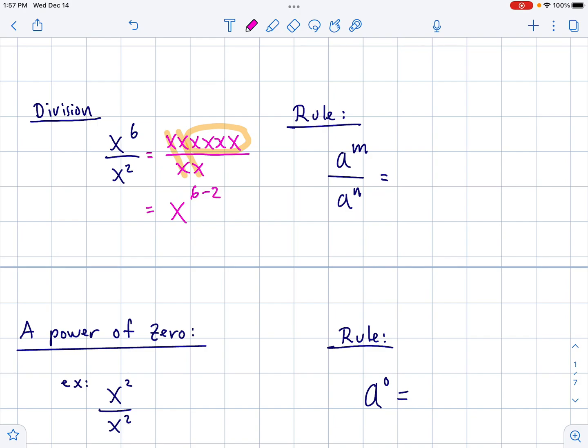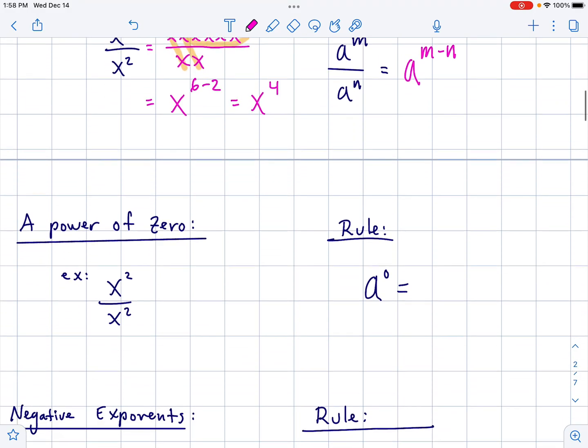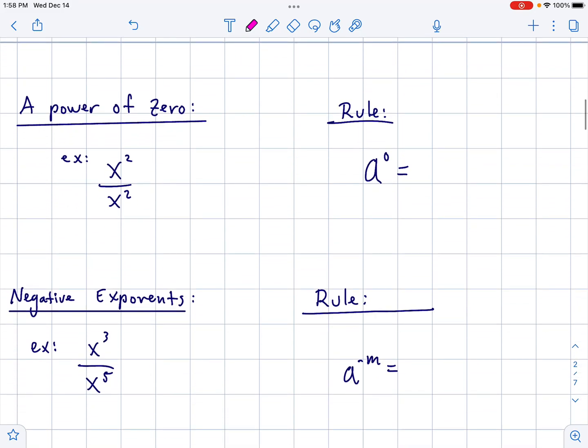So what actually happens here is you take x to the 6th and you subtract the bottom exponent, which gives x to the 4th. So if you have a to the m over a to the n, this is a to the m minus n. You subtract the bottom from the top.